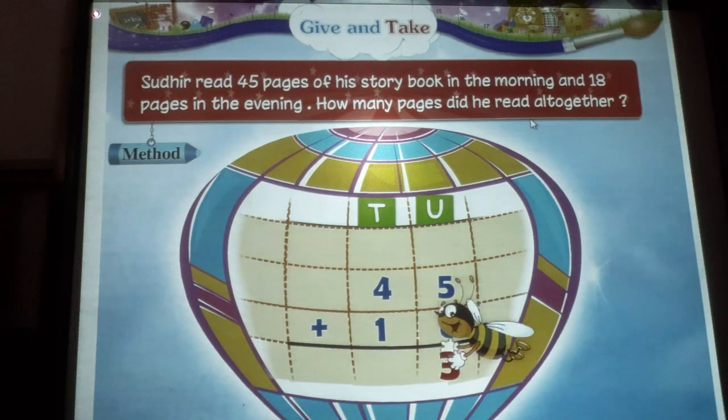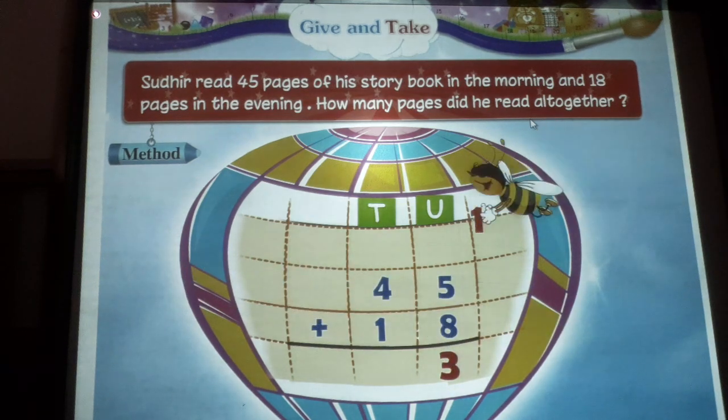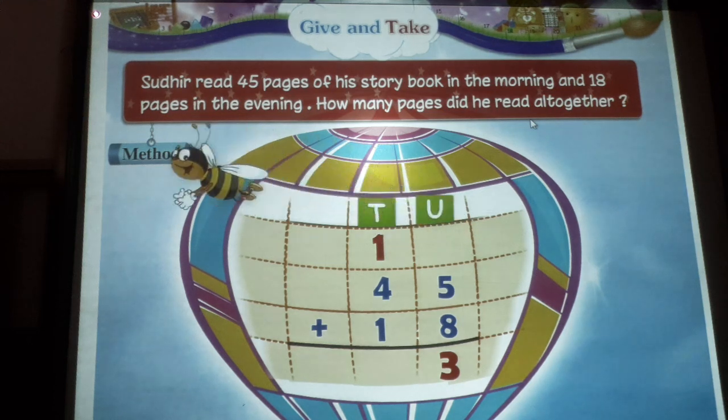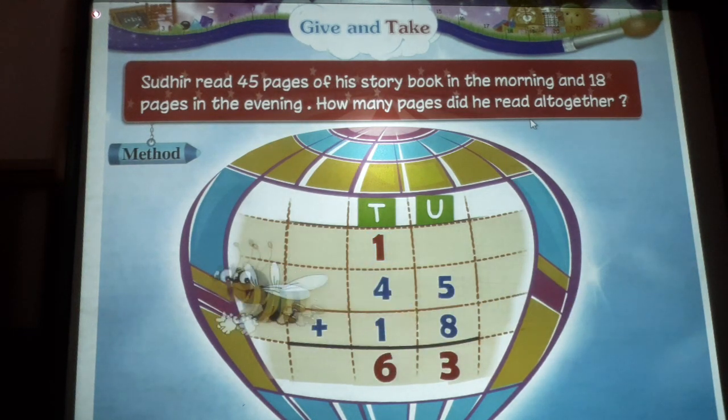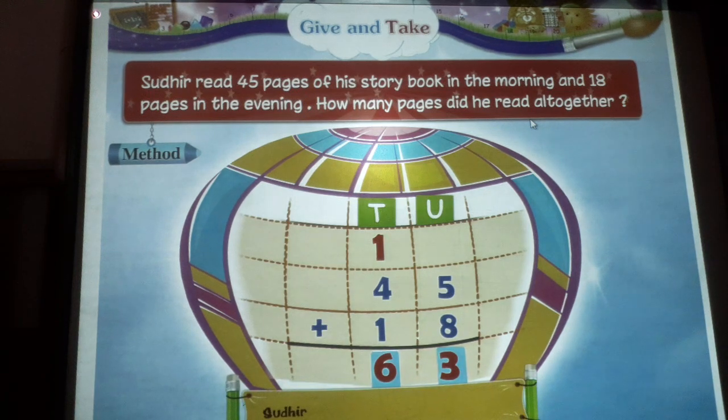Write 3 in the units place and carry over 1 ten to the tens place. In the tens place, 1 ten, 4 tens and 1 ten make 6 tens. We get 6 tens and 3 units. That is 63. So, Sudhir read 63 pages altogether.